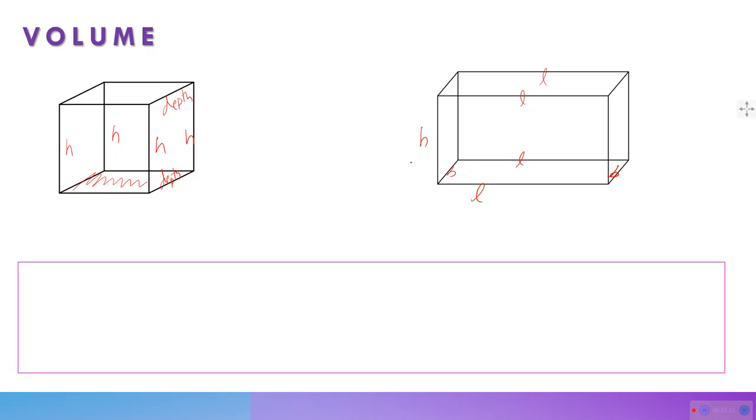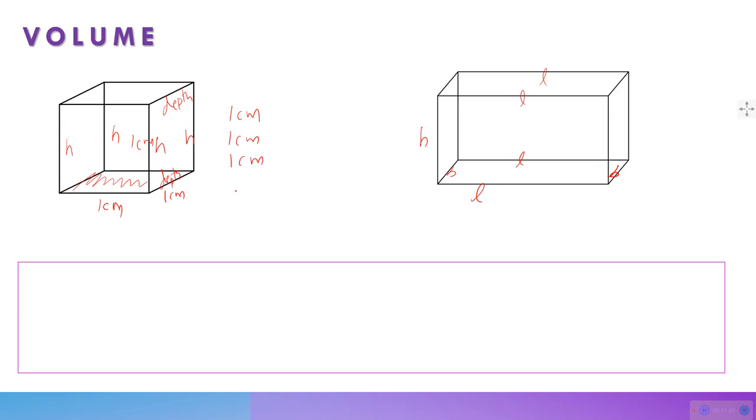So how can we calculate the volume in such cases? Consider this particular cube is having a size of its side as 1 centimeter. All this will be 1 centimeter, suppose. In that case, we will say that it will take 1 centimeter length, 1 centimeter breadth or depth, and 1 centimeter height.